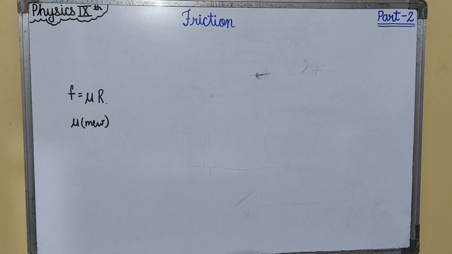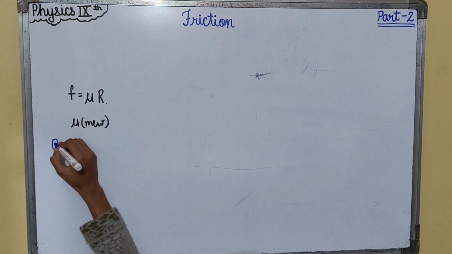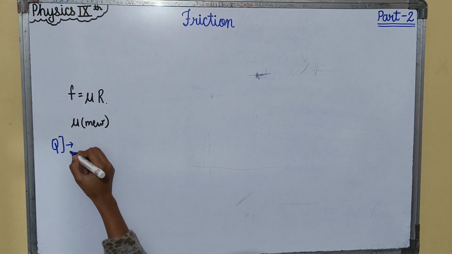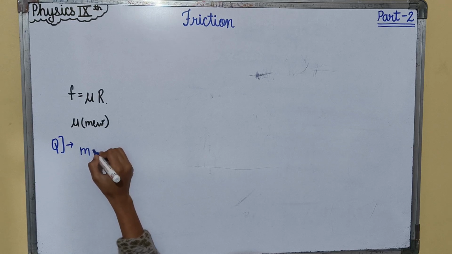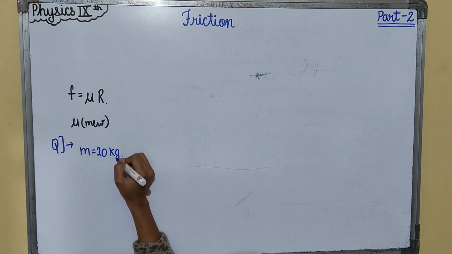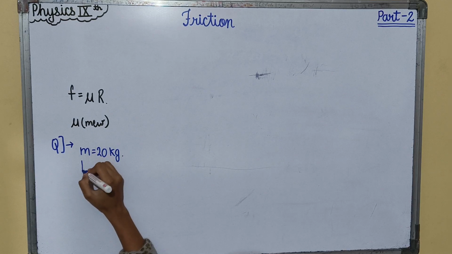Now let us solve a question based on this. Question is, a heavy box of mass 20 kg is placed on a horizontal surface. Find the normal reaction if the acceleration due to gravity is 10 meter per second square. Given in the question is mass of 20 kg. Normal reaction we have to find.